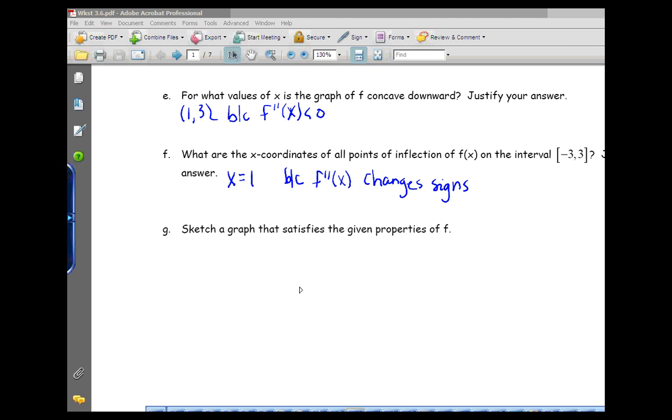Okay, and then on part G, sketch a graph that satisfies the given properties of f. So the first thing that I would do is I would put in those given points, those given endpoints. And I'm told that f of negative 3 equals 4.